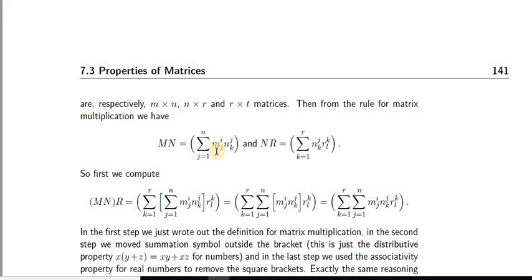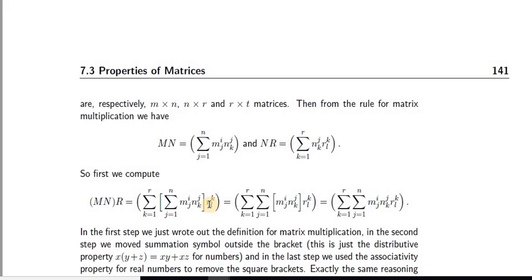So if I plug MN in here as the first part of my multiplication of MN times R, I'm just doing a substitution. Right? This here is going to be the ik component of the product MN, and I multiply that by R_kl, so that's going to give me the il component of the product.